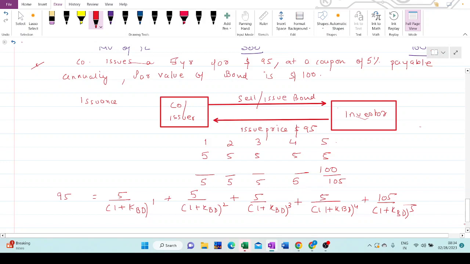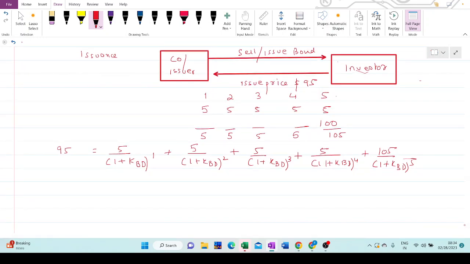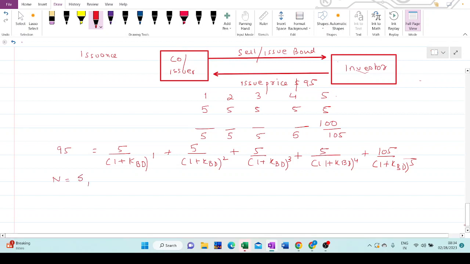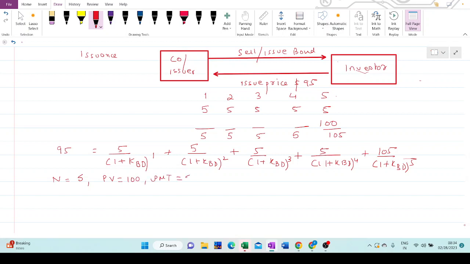Right, so if we solve for KBD in this equation, we'll get the before tax cost of debt. So guys, use your financial calculators to calculate this. How will you calculate? N equals 5, FV equals 100, PMT equals 5, PV equals minus 95, CPT I/Y. 6.19. 6.19, right?